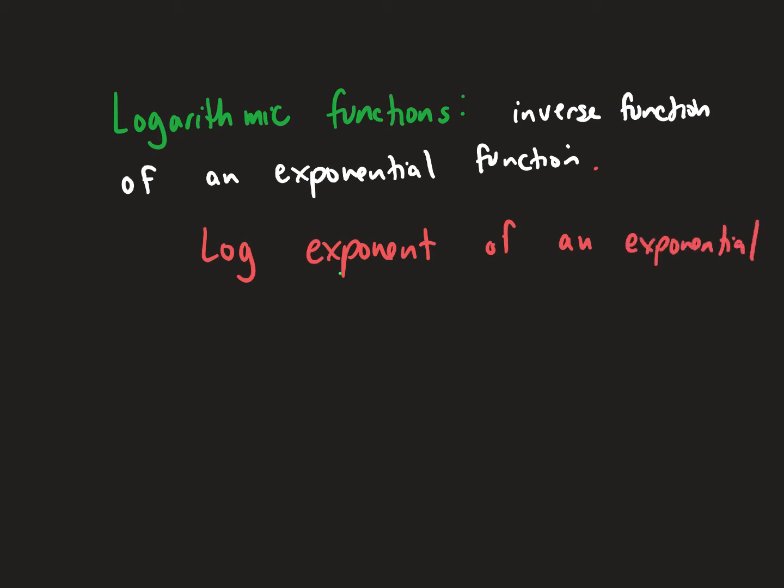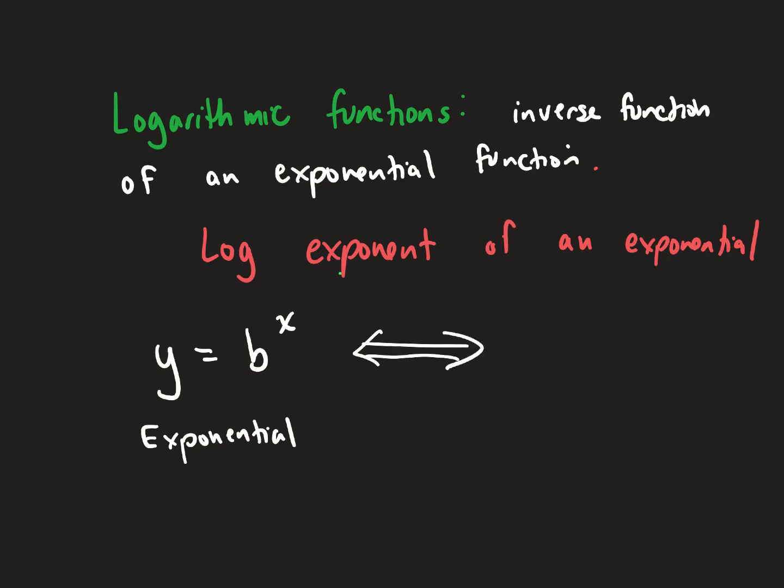So if we think of an exponential function, we typically think of it as y equals b to the x. So this is our classic exponential form where we have a base raised to the x power. One of the most important things you can commit to memory is that you can freely switch an exponential to log form, because log form is just a different way to write the exponential form.